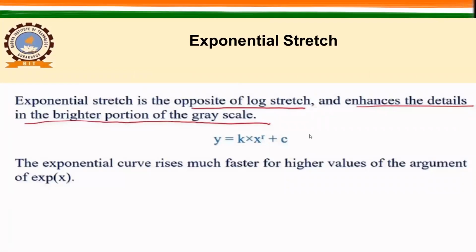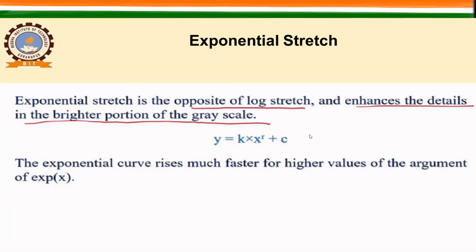अगला है हमारा जो नेक्स्ट है वो है एक्सपोनेंशियल स्ट्रेच. तो एक्सपोनेंशियल स्ट्रेच से हम क्या समझते हैं? तो एक्सपोनेंशियल स्ट्रेच is the opposite of log stretch and enhances the detail in the brighter portion of the grayscale. So in the previous one, what happened?